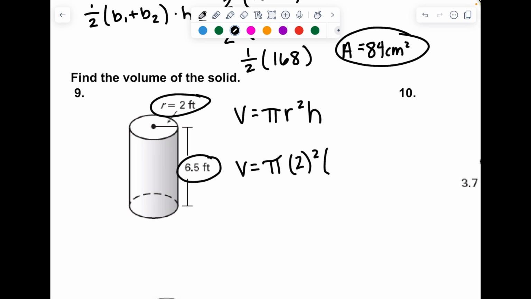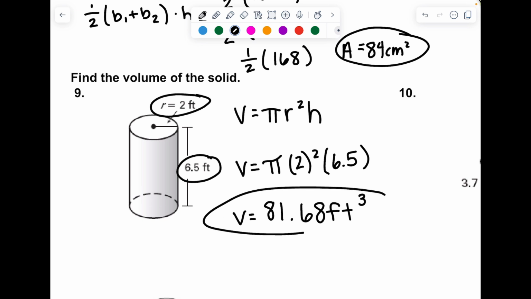And our height is right here, it's 6.5. And you can type that entire thing into your calculator. You can type in pi, then 2 squared, and then times 6.5, and you should get 81.68 feet. And now volume is always cubed.